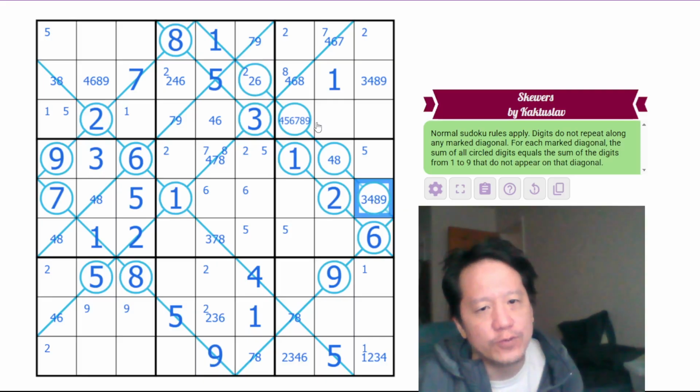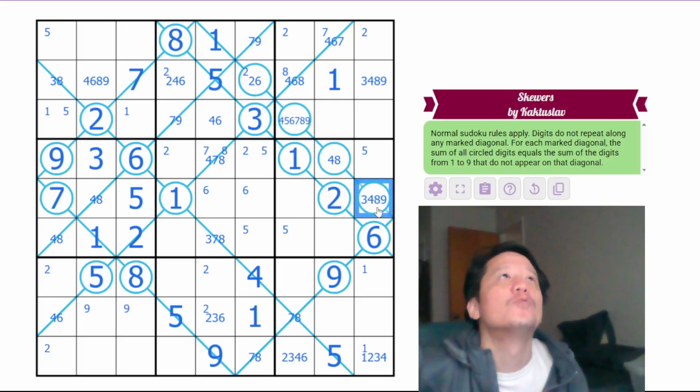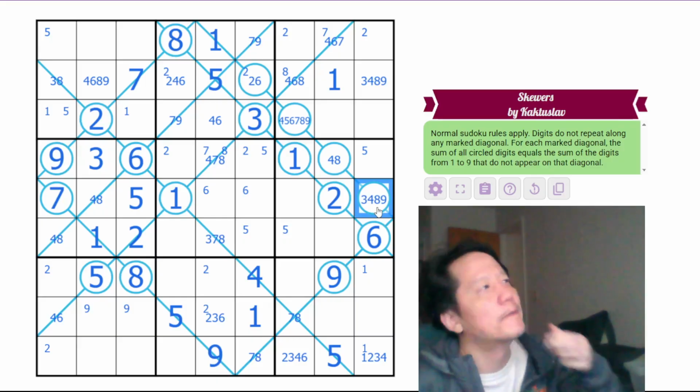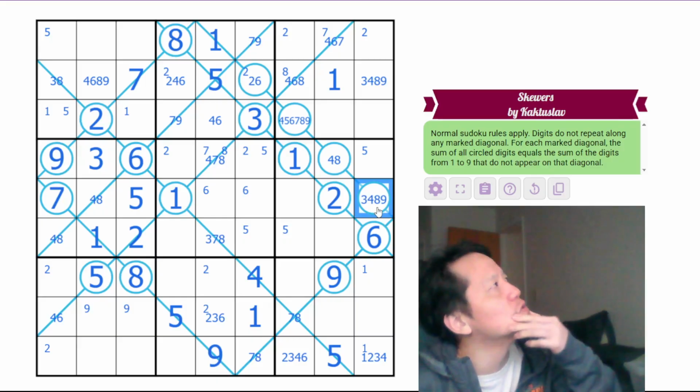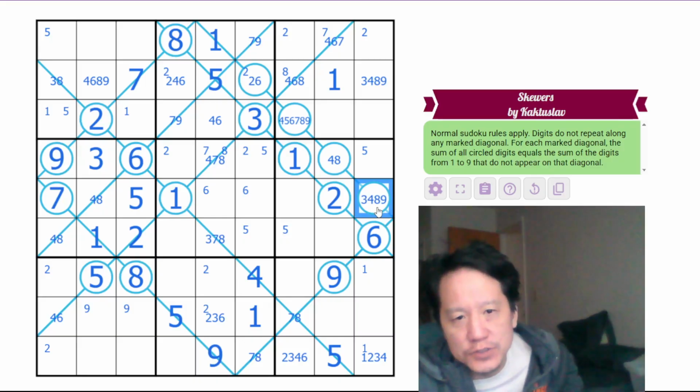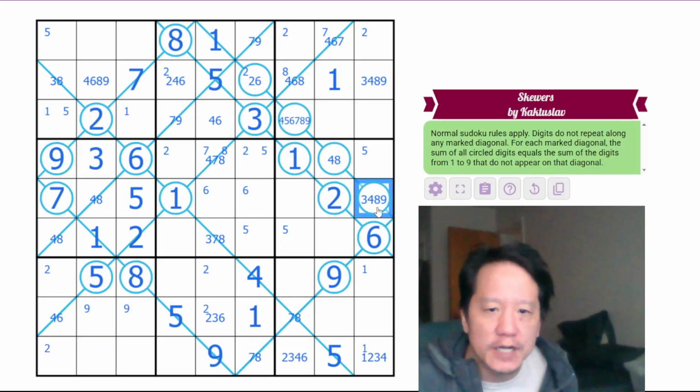If you have another 4, 8 here with 2, 4 and 8 add up to 12 plus 2 is 14. So the answer is no. You cannot have another even digits in these cells, right?